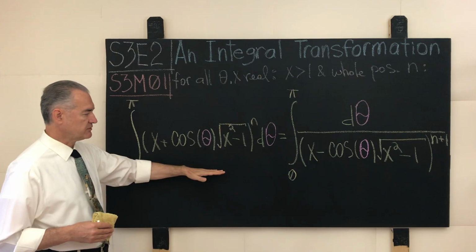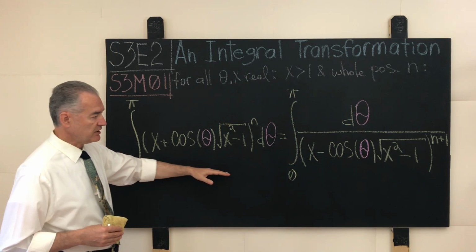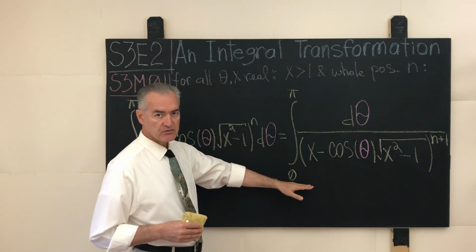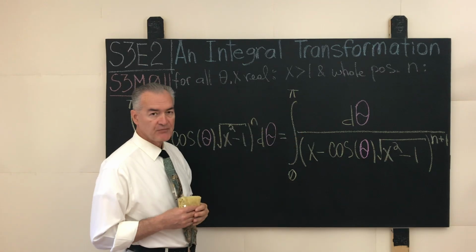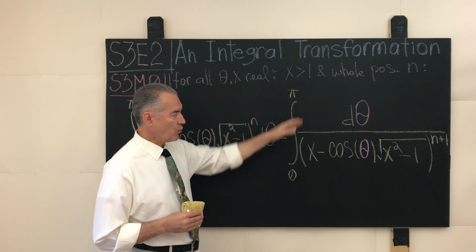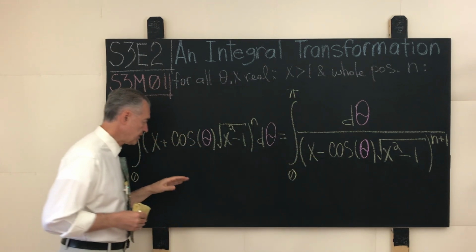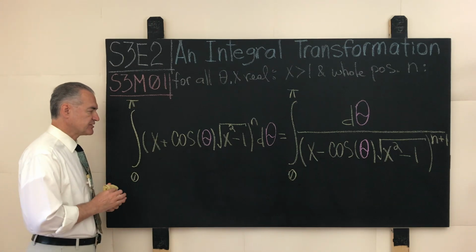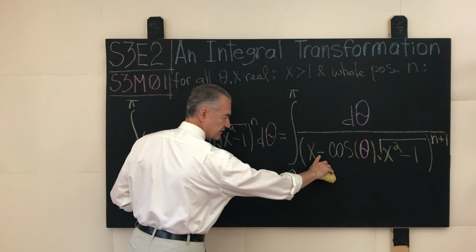And the definite Riemann integral shown on the left-hand side of the equal sign is equal to the definite Riemann integral evaluated between the boundaries of 0 and pi, where the integrand in this case looks as follows. 1 over x minus, this time it's minus. Over here on the left-hand side we have a plus. On the right-hand side we have a minus.